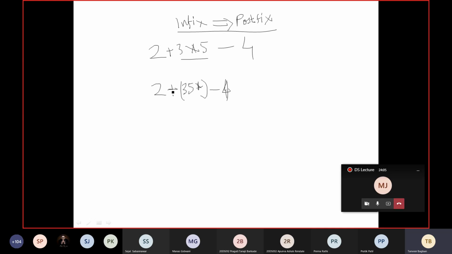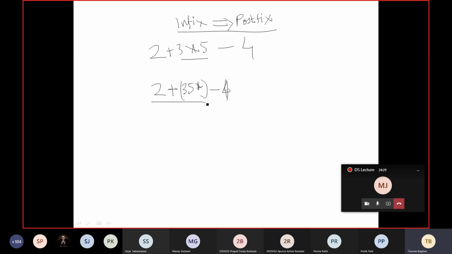So here associativity of plus and minus is considered. The associativity of plus is left to right, and minus is also left to right. So whichever is appearing on the left is considered first for evaluation. So in this case, plus is considered for evaluation first and minus next.